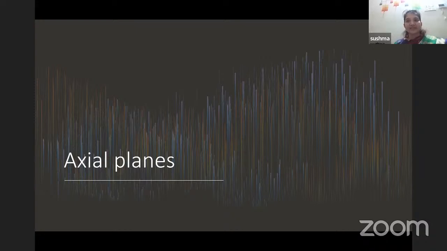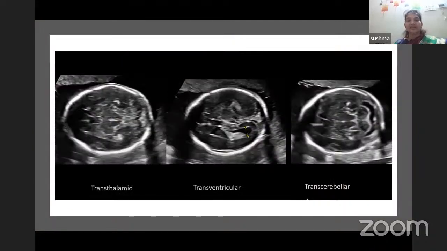The three axial planes are transthalamic, transventricular, and transcerebellar. We'll discuss in detail how to identify and acquire these planes, and what the specific features of each plane are.